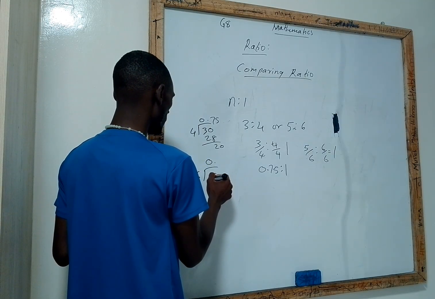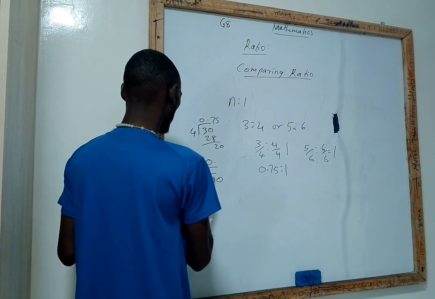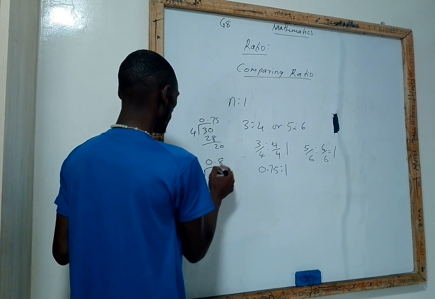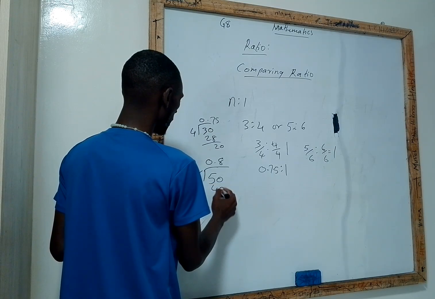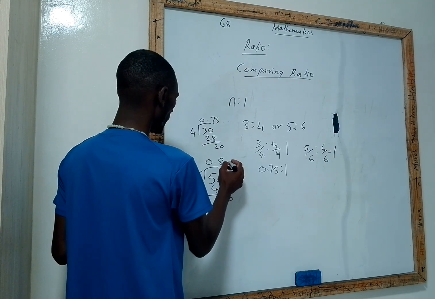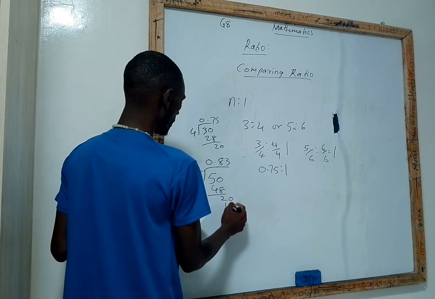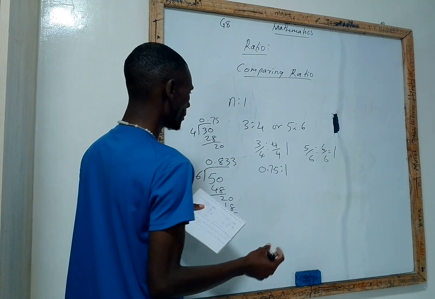Or 6 goes there 8 times, which is 48. That is 48, remainder 2. Then 20, 3 times, which is 18. Remainder 2. So this is a recurring decimal.